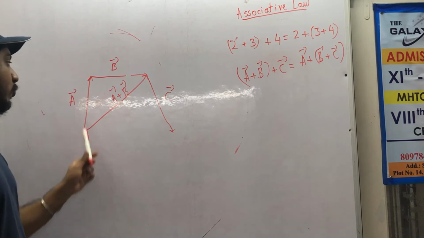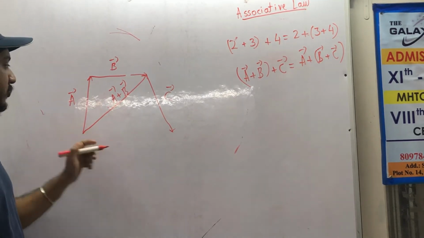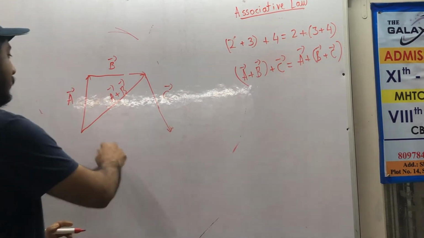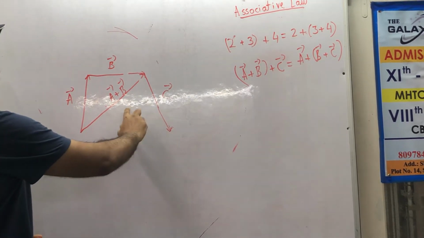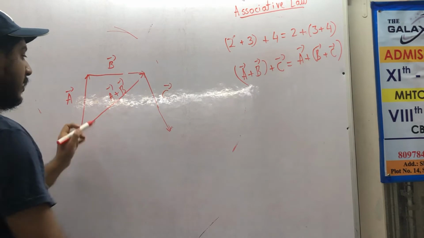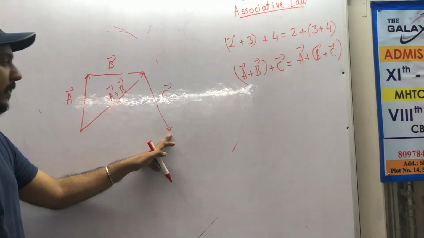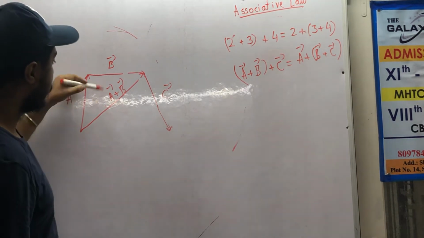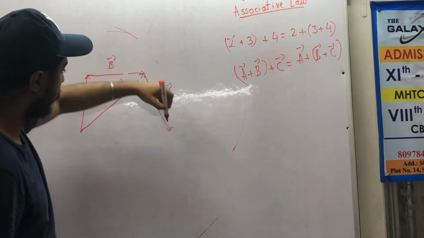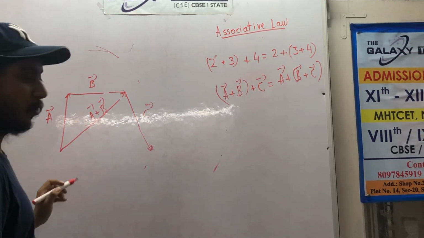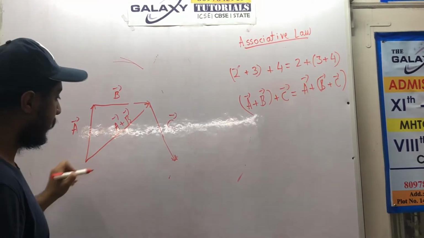Now forget about this triangle. Now look at this triangle. You already know the two sides. Now what will be the third side? You can join these two, because this will form a triangle. And what will be the direction? This one is going here and this one is going here, so their direction is clockwise. So in which direction will the resultant vector be? In this direction.